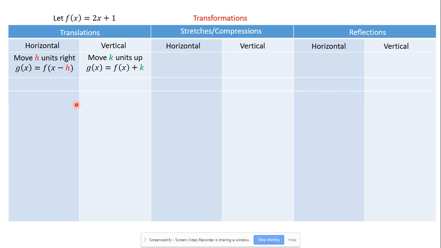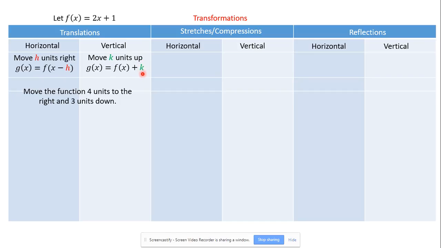So, looking at an equation, let's let f of x equal 2x plus 1. This will be the example that we use for all of these for f of x. Let's move the function 4 units to the right and 3 units down. So 4 units to the right means that h is going to be 4, and 3 units down, well, this is k units up, so wouldn't down just be negative up?